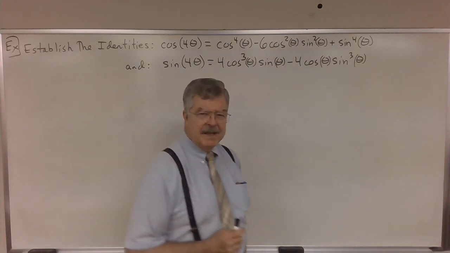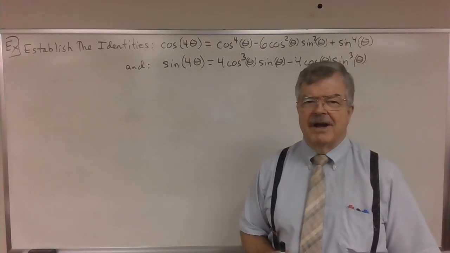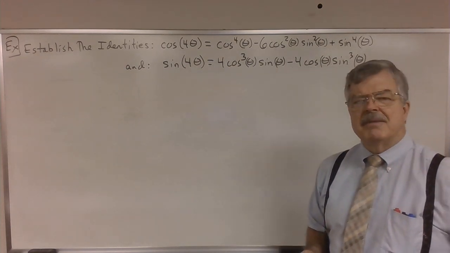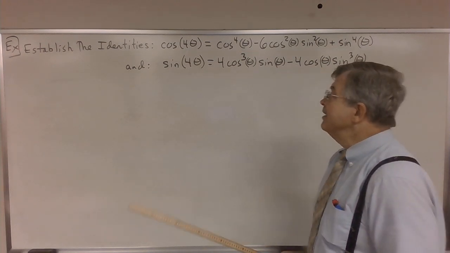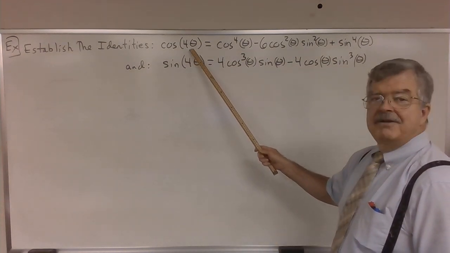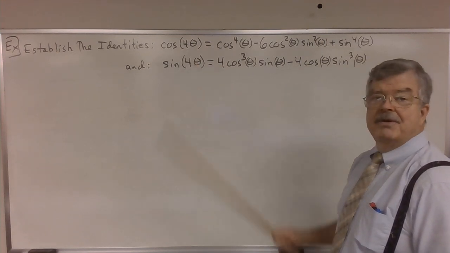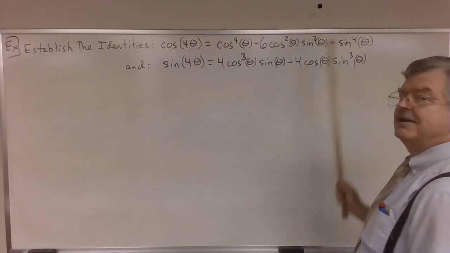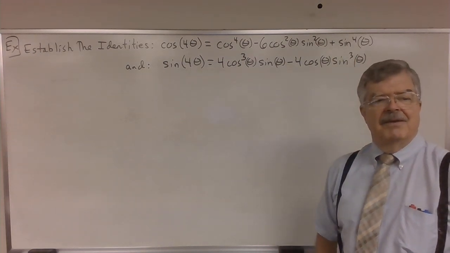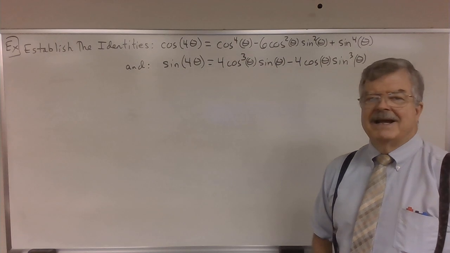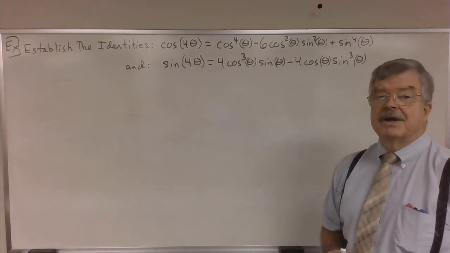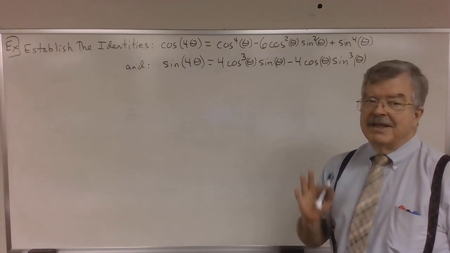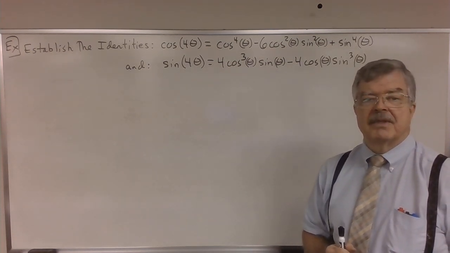And based on how we did the last exercise, and based on what we see here, we pretty much know the approach, because we see cosine 4 theta, sine 4 theta, and we see a cosine to the 4th and a sine to the 4th, and we think, I know how we're going to do this. We're going to take cosine theta plus i sine theta and raise it to the 4th.